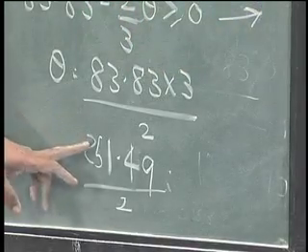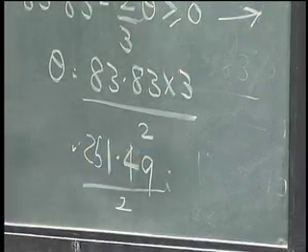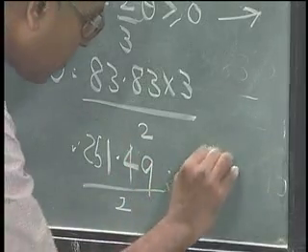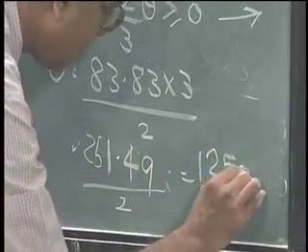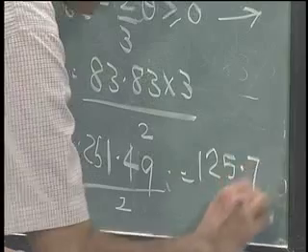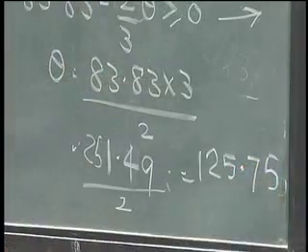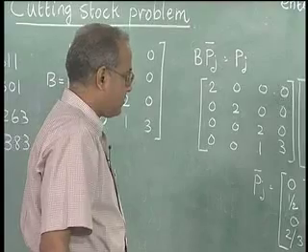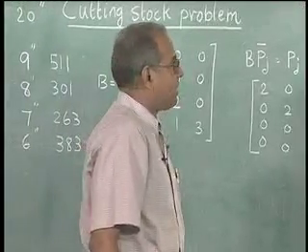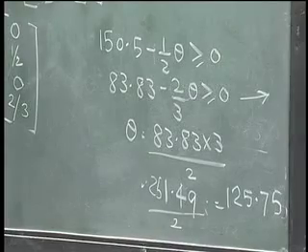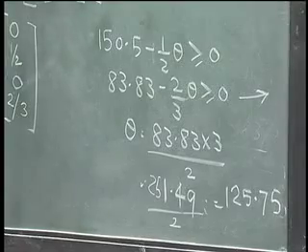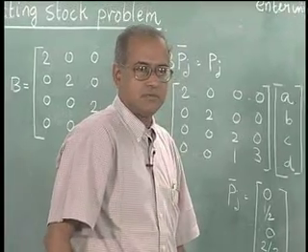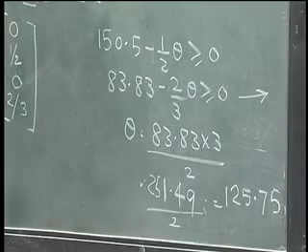So, this will become 251.5 divided by 2, which will give us 125.75. All right. So, we get theta equal to 125.75.